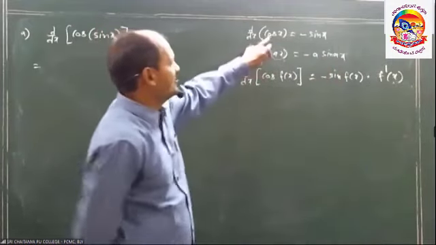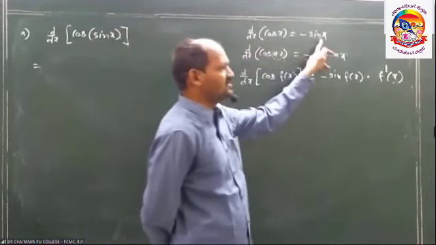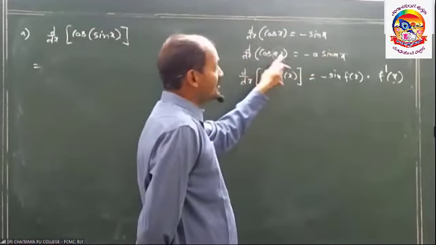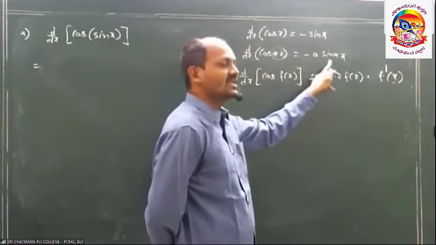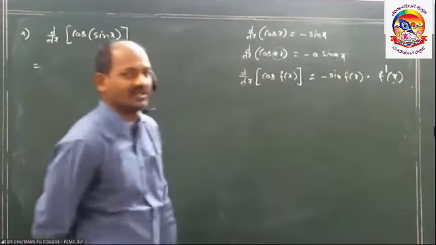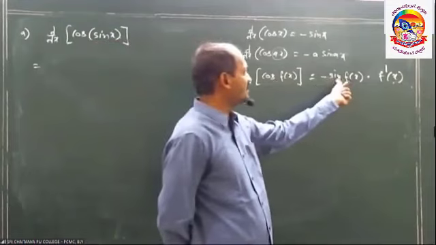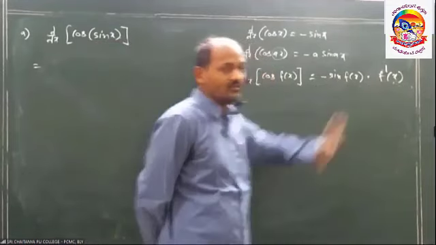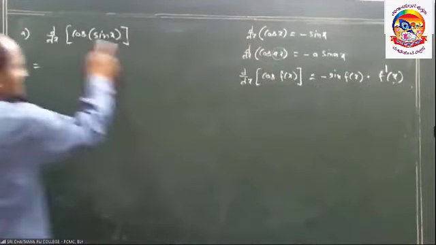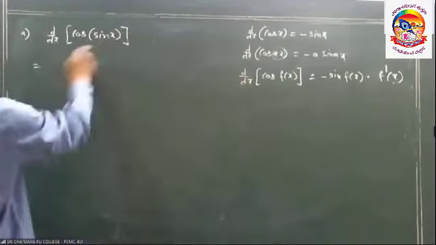Only in the standard form, the derivative of cos x is minus sin x. Cos of ax gives minus a sin ax. Cos of f of x gives minus sin of f of x into f dash of x. Now it is cos f of x form.